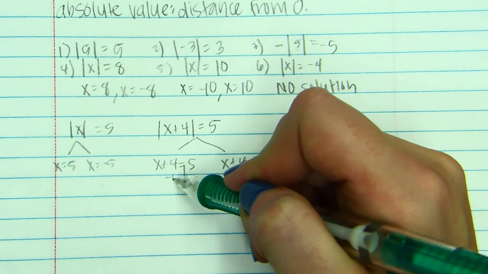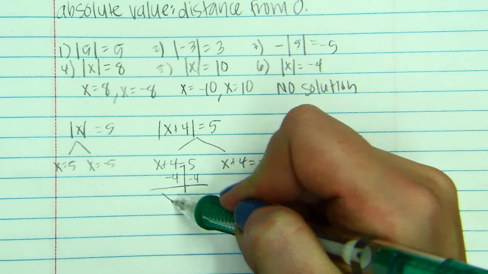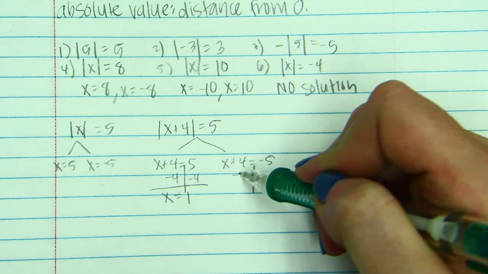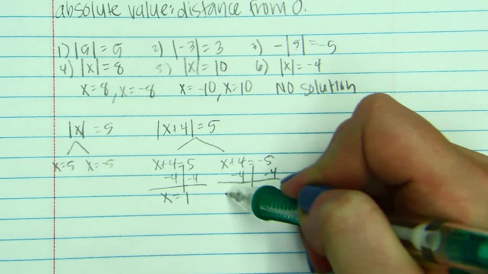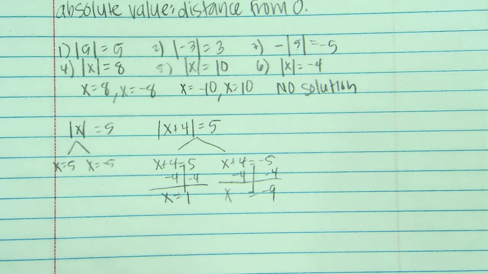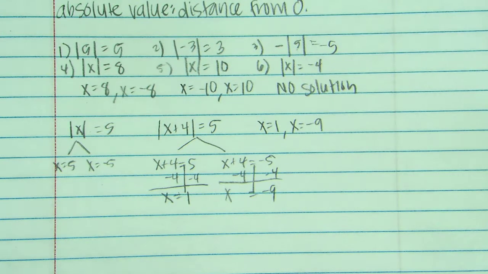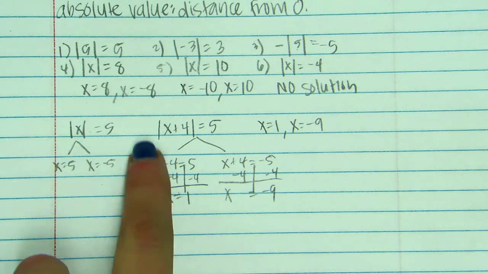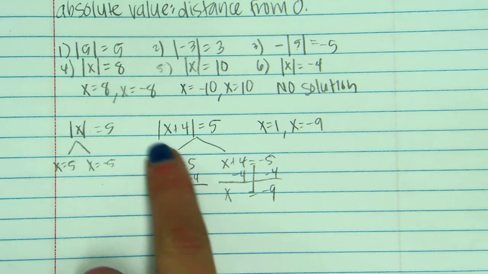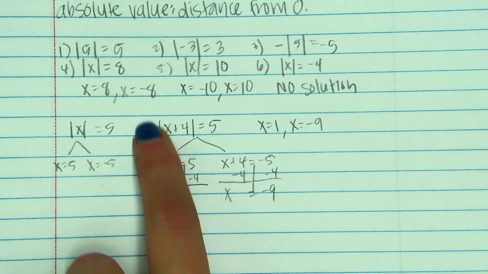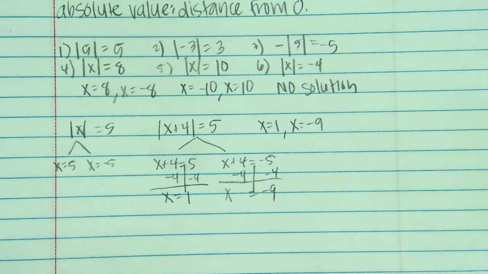And then I'll solve each equation. So on this side I get x equals 1. If I solve this one, I get x equals -9. So my two answers for this equation are x equals 1 and x equals -9. We have two solutions. Either one, when I plug them in, 1 plus 4 is 5, -9 plus 4 is -5. The absolute value of -5 is +5.